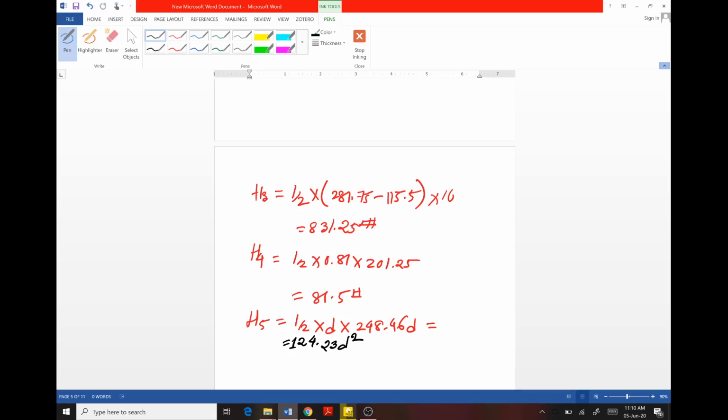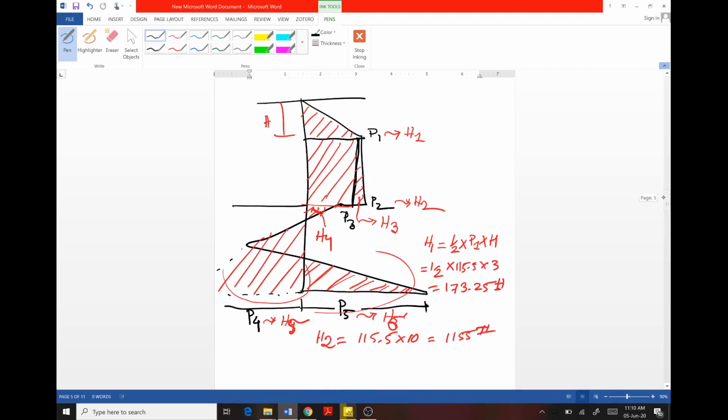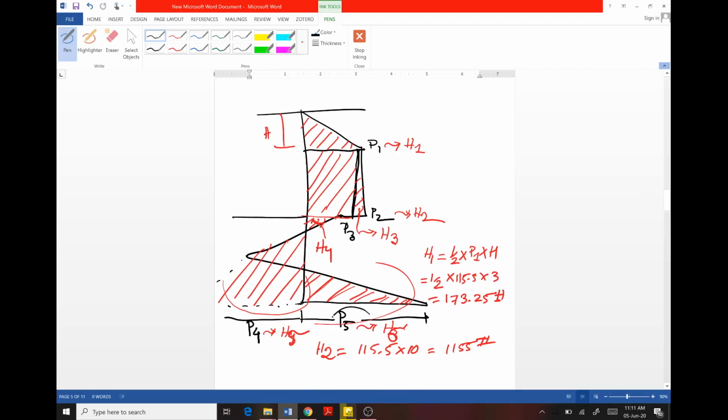Now we will determine the value of the horizontal force at point 6, which is noted as H6. We have already determined the value of P5.